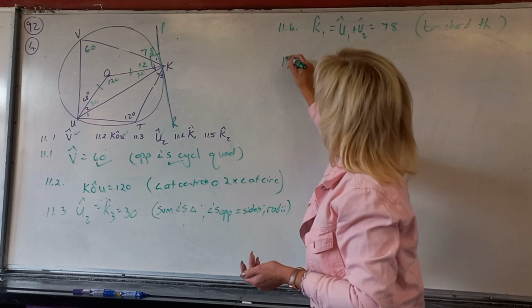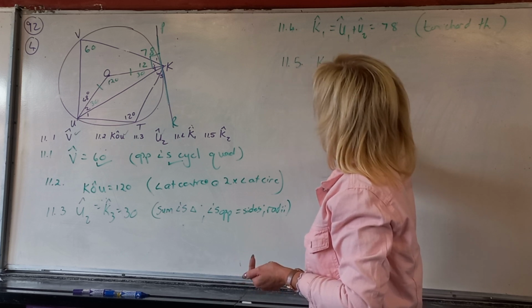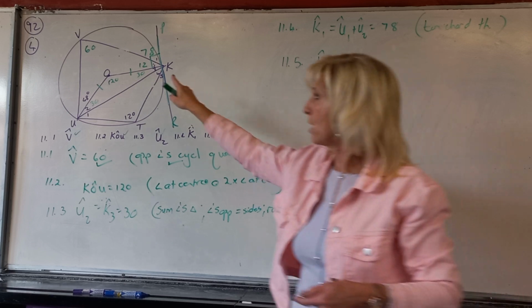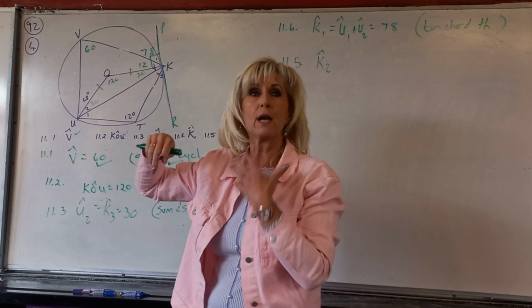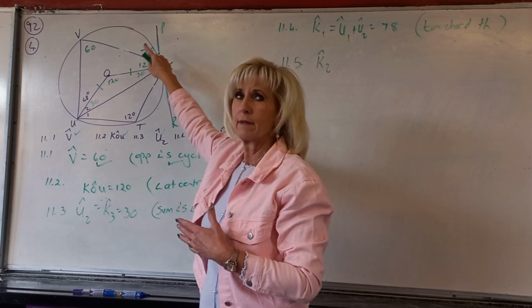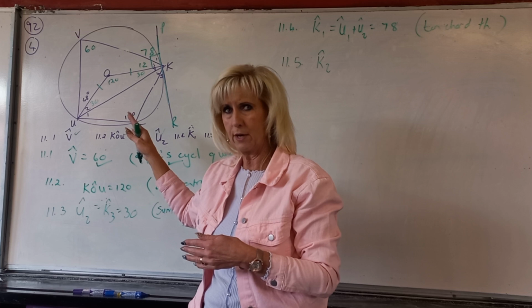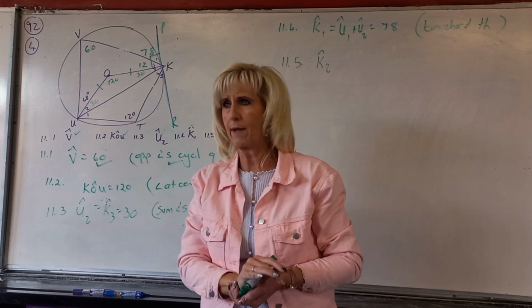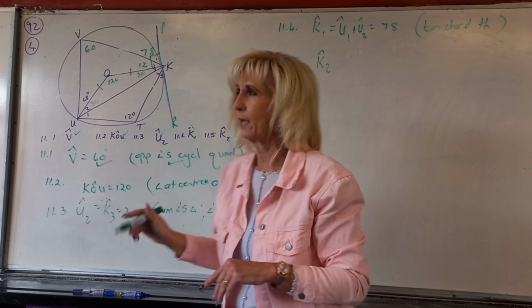Okay, and then for K2, how do I get my K2 then? Can I now also still use the interior angle of the triangle? Yeah? I would like to use, so it's a fact that the radius is perpendicular to the tangent, right? If I didn't use it, is it okay? Yeah? But I'd like to use it just so that we can remember it again.